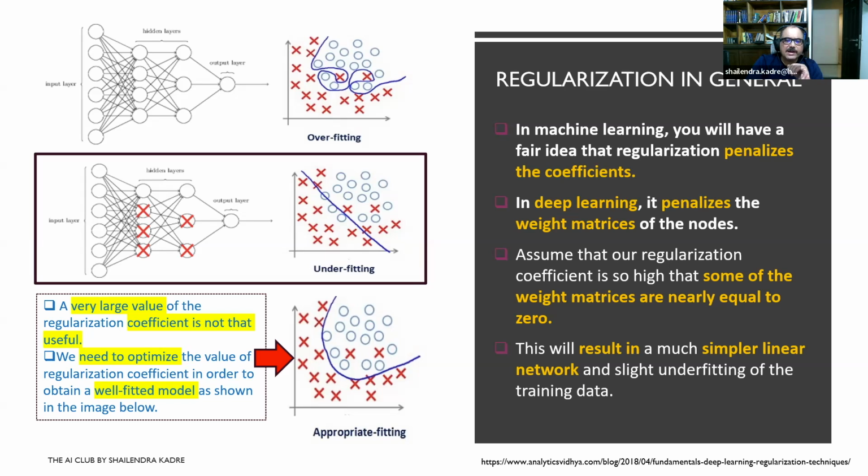So what is the just right curve? The just right curve we have also shown here, in the bottommost figure in the middle column, which I have marked as appropriate fitting. Appropriate fitting is a simple curve, maybe a degree 2 polynomial. It is making two errors, where 2 plus are classified with zeros.